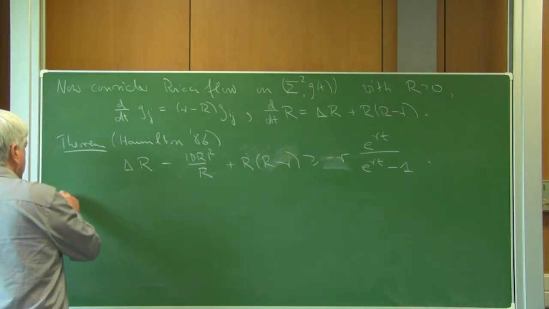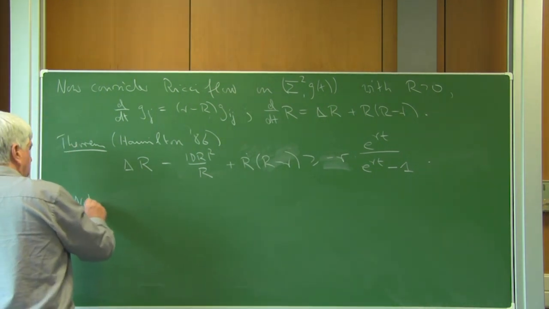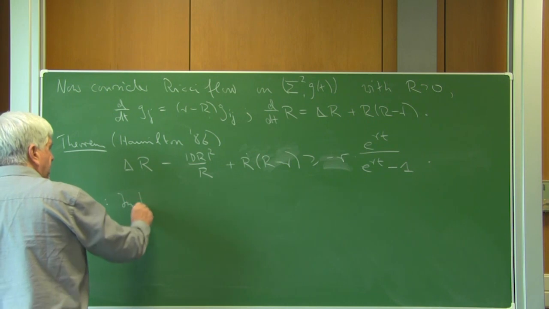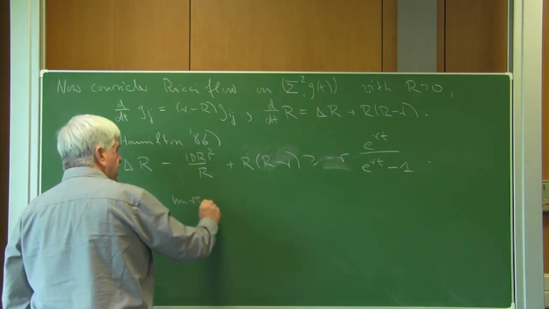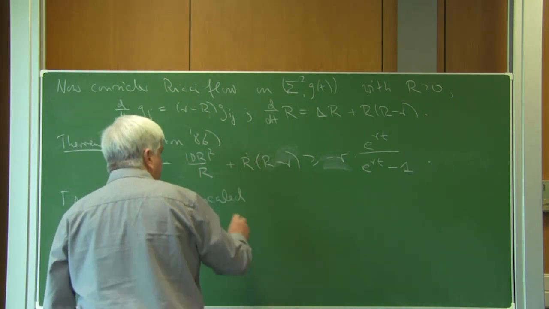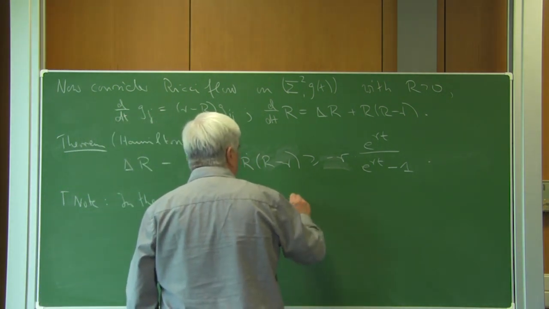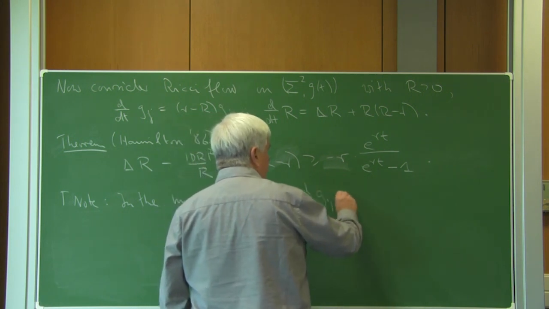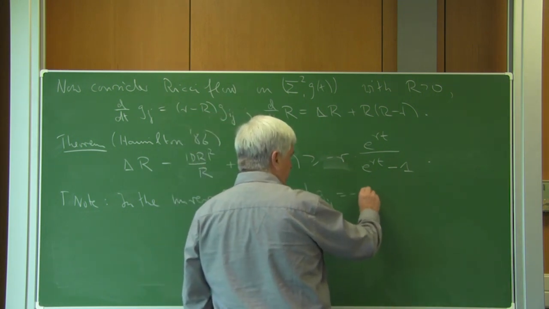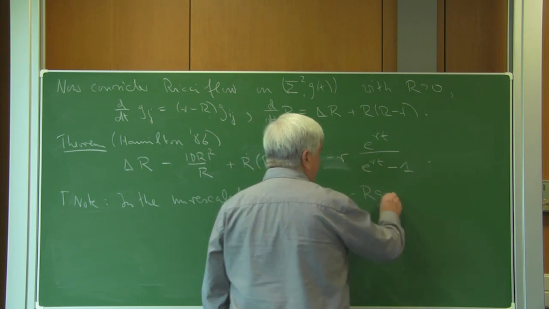And note, in the unrescaled case, where ∂/∂t of gij is equal to minus 2 times the Ricci curvature, which is minus R times gij.